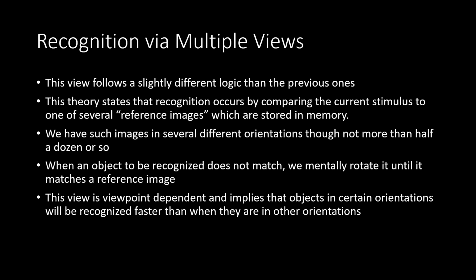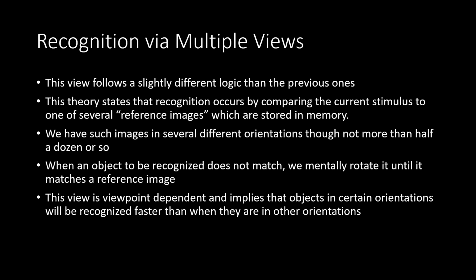But now, the difference is, instead of there just being one complete object, like a lamp object or a corn word, here you actually have several, and these represent what you can refer to as reference images. The idea is that you have several representations of a particular object that allow you to then compare what you are seeing to these reference images that are all of something in different orientations.